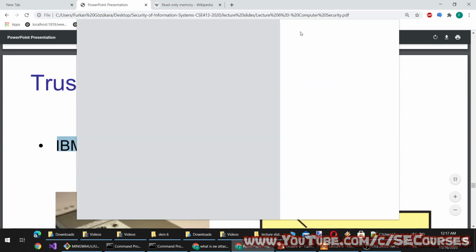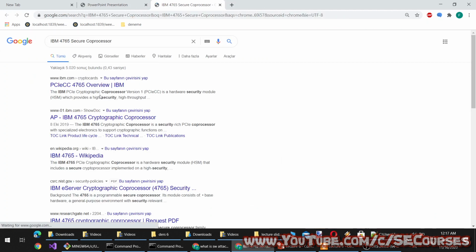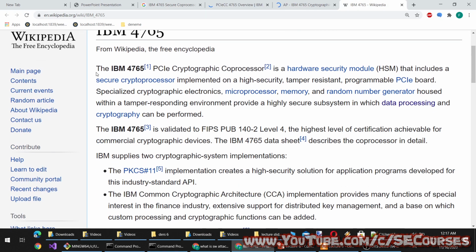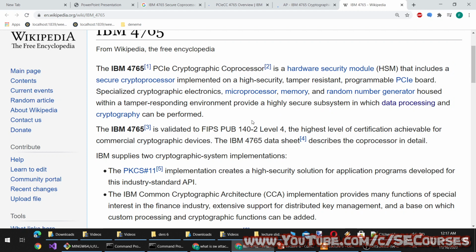Let's look at this on Google. Okay, there is Wikipedia. The IBM 4765 PCIe cryptographic coprocessor is a hardware security module (HSM) that includes a secure cryptoprocessor implemented on a high-security, tamper-resistant, programmable PCIe board.